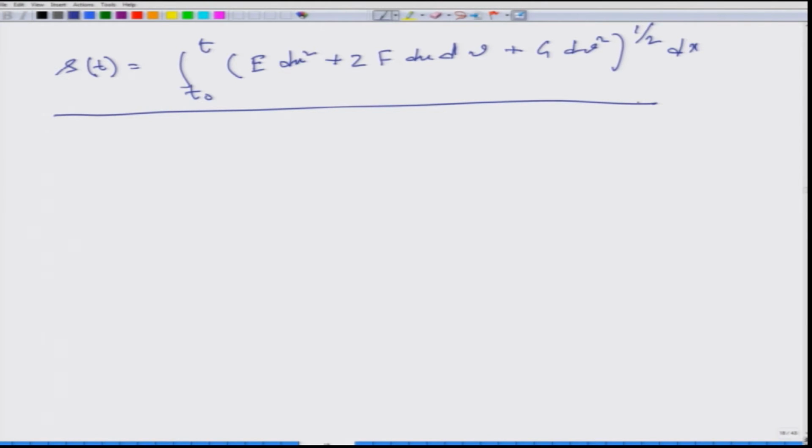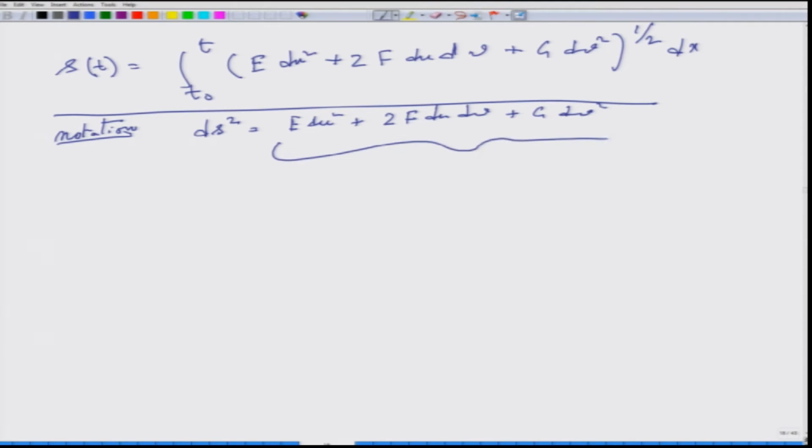The usual form we write this: this is just a notation, ds squared is equal to E du squared plus 2F du dv plus G dv squared.